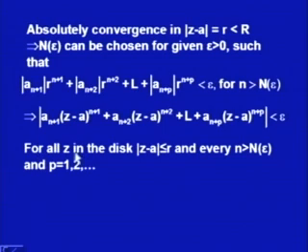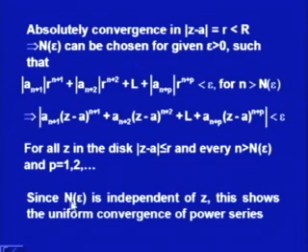This is true for all z in the disk |z - a| ≤ r, for every n greater than n_epsilon, and for p equal to 1, 2 and so on. Since n_epsilon is independent of z, this follows the uniform convergence of the power series. It does not depend upon z, and the series is uniformly convergent.